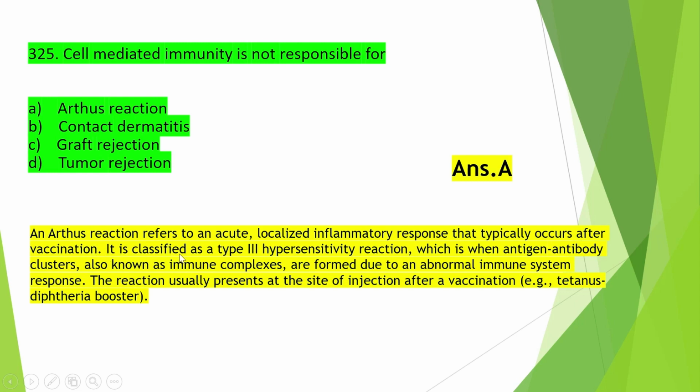It is classified as a type 3 hypersensitivity reaction, which is when antigen antibody clusters, also known as immune complexes, are formed due to an abnormal immune system response, and the reaction is usually present at the site of injection after a vaccination. Example, tetanus diphtheria booster.